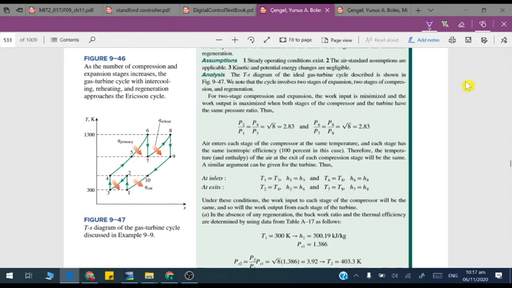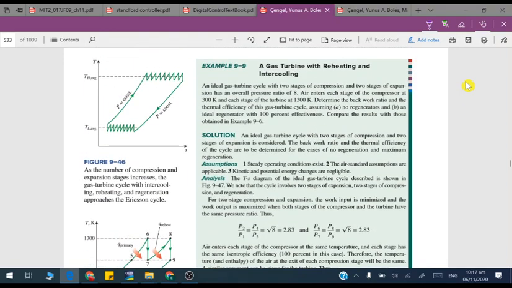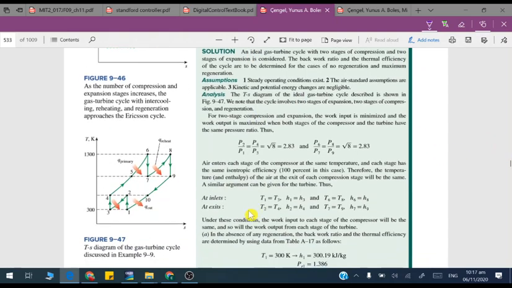One is no regeneration, and second is 100% effectiveness. 100% effectiveness means all the heat that is being wasted, H9 minus H10, is being utilized for heating up from H4 to H5. So 100% of the heat is transferred, that's why its effectiveness is 100%.